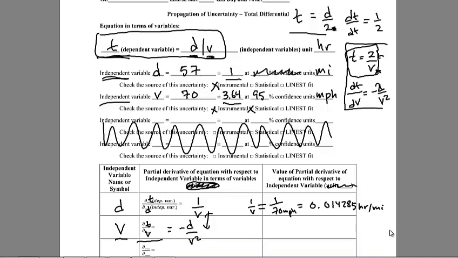Down here, negative d over v squared is going to be equal to negative 57 miles over 70 miles per hour squared, and that is going to become negative 0.011632.